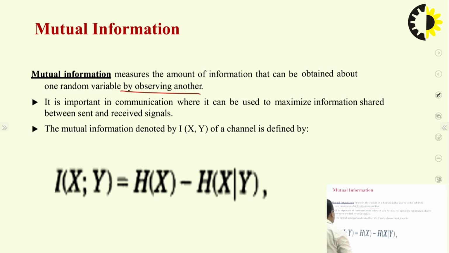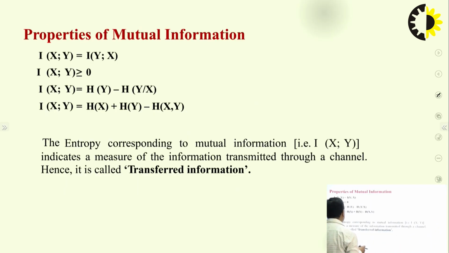Mutual information we can give by I(x,y) between the x and y random variables. And I(x,y) we can show by the entropy H(x) minus H(x|y), or H(y) minus H(y|x). And these are the properties of mutual information, because it depends upon the information entropy. Its value is always positive, it shows the commutative law, and this is the relation between mutual information and different entropies.